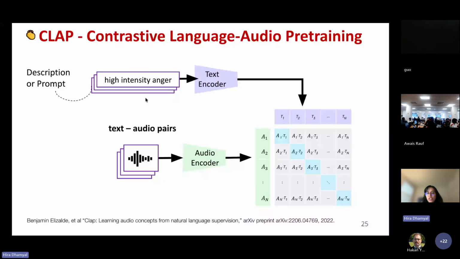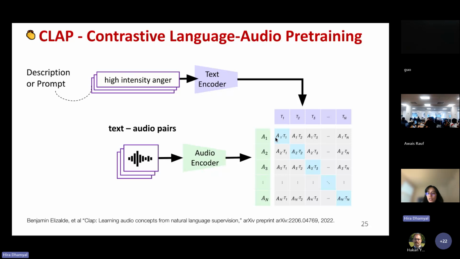Each audio is paired with a description or a prompt. The audio passes through the audio encoder to form a latent representation of the audio. If we have n audios, they will have n representations. The text goes to the text encoder, and similarly, we have a vector representation of the text description.